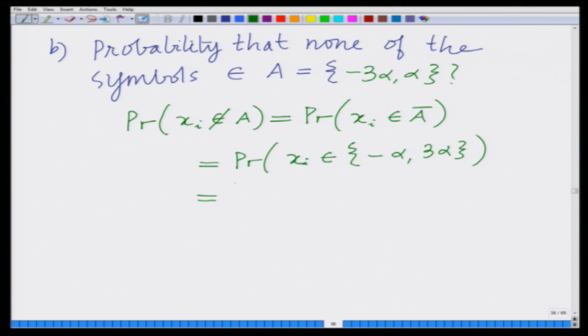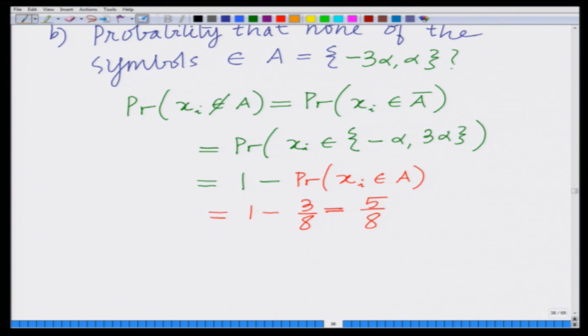Remember, the probability of A complement is 1 minus the probability of A, that is equal to 1 minus 3 by 8, which is equal to 5 by 8.